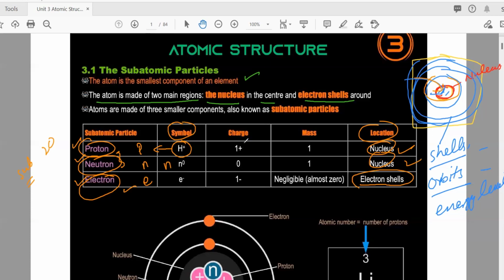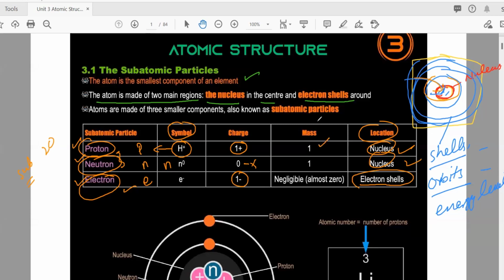If you talk about their charges, proton has a positive 1 charge. Neutrons are neutral, they don't have any charge. And electron has a negative charge. If you talk about their mass, proton is 1.